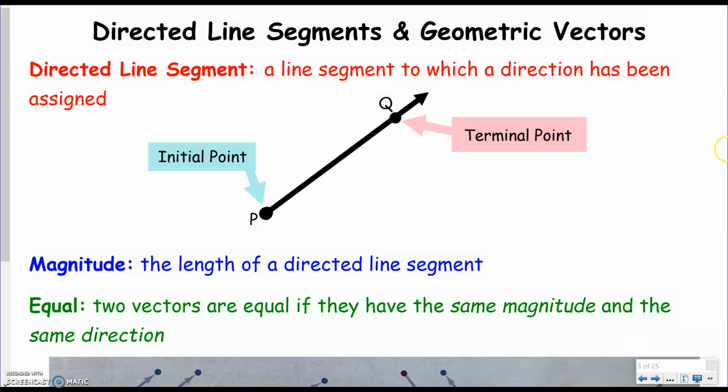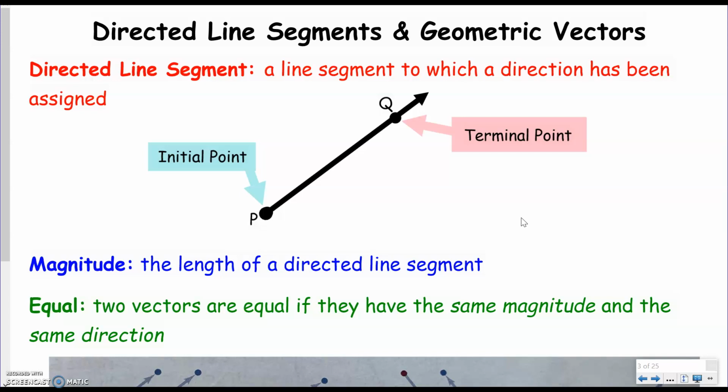It is a directed line segment, or ray. So we have an initial point here, which is P, and a terminal point, which is Q. For this, you could use your geometric labeling for this ray, which would be from P to Q with your little ray symbol on top.